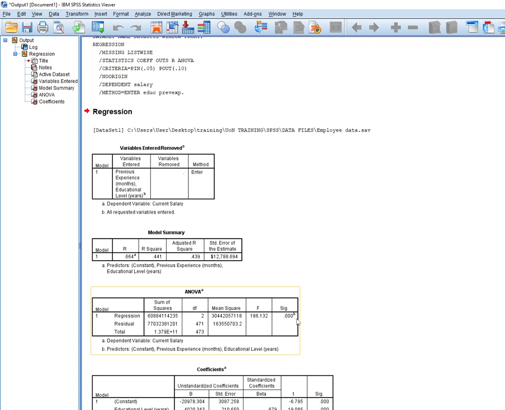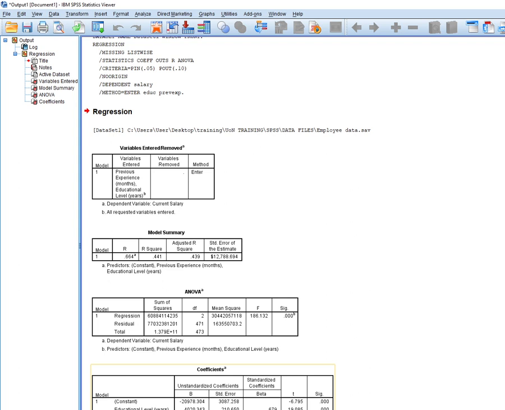Now I'm ready to go to the next test, because I've already passed both the R squared and the F-test. Before I interpret the coefficients, we talk about the t-test. In the last table, Coefficients, we can see we have the t values and we also have the Sig.